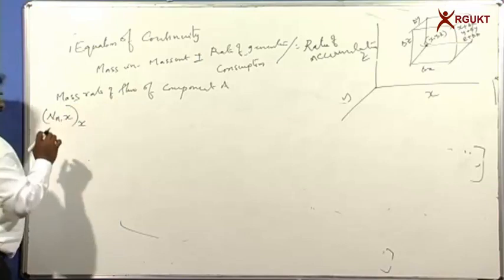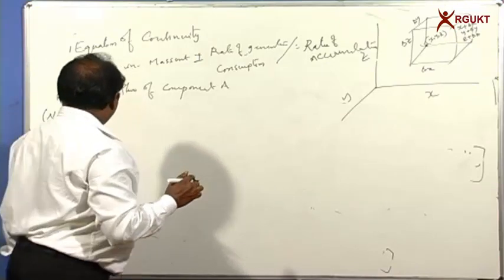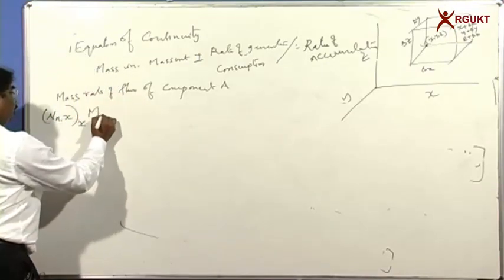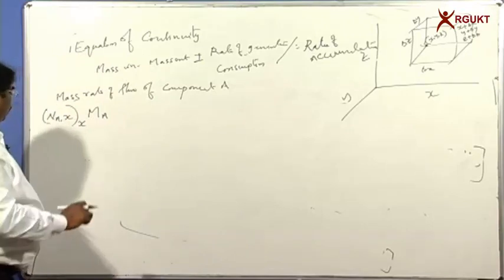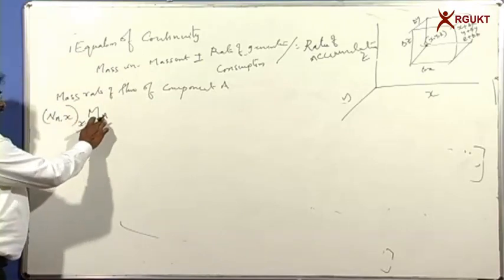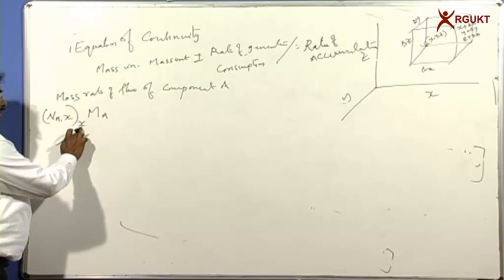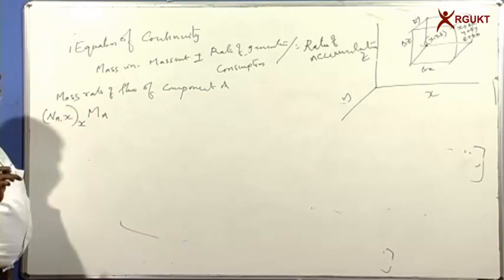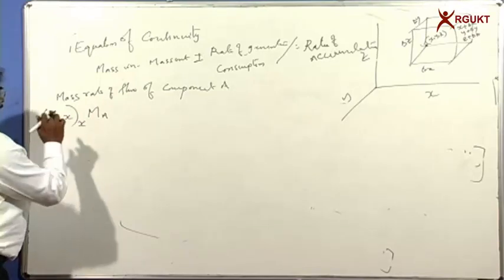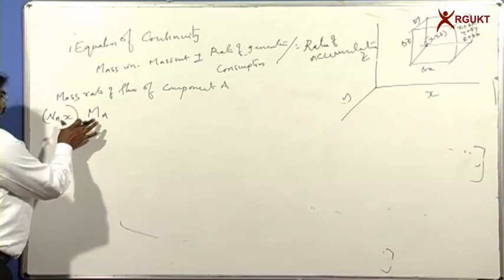This is the molar flux. To make it a mass flux, we multiply with the molecular weight. So the molar flux multiplied by the molecular weight, entering at a point x in the x direction.